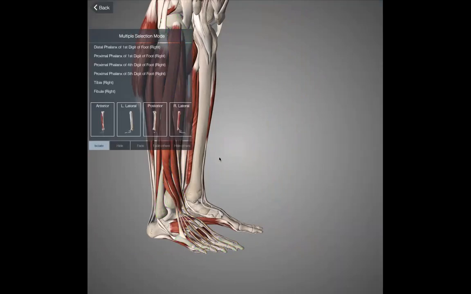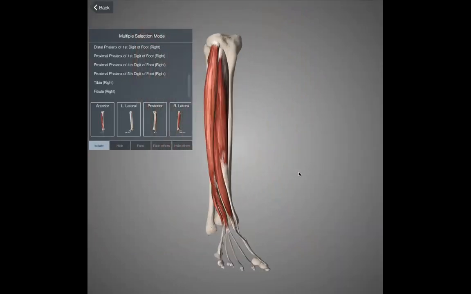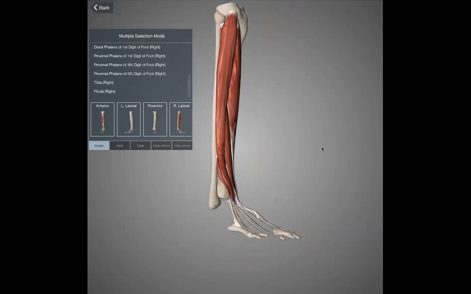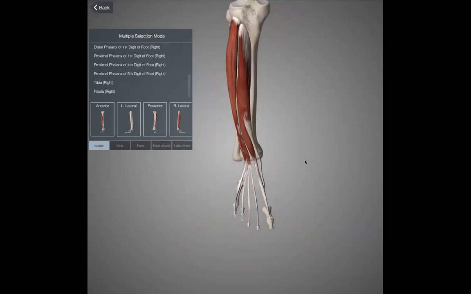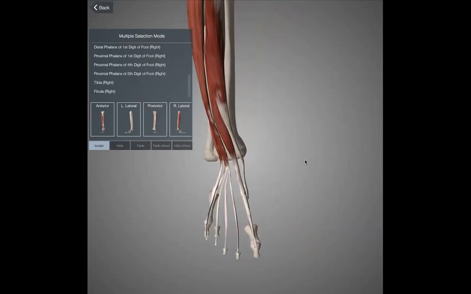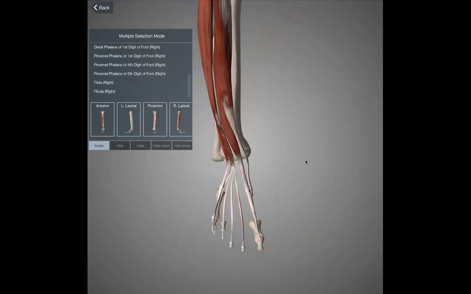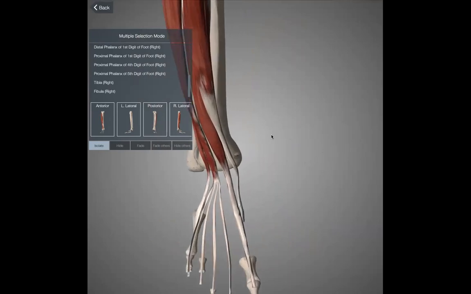Okay, isolate. You can see how they arrange themselves and they extend down. The first thing is the anterior tibialis.